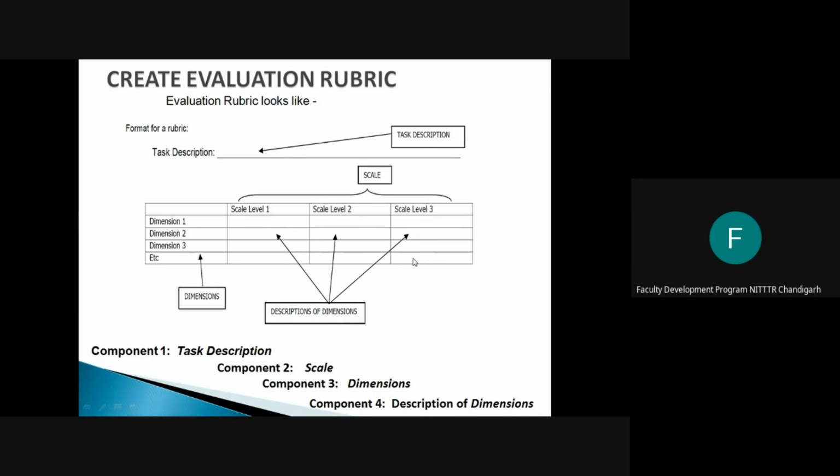That description I am writing here. The description has to be given in detail. You write in detail what you expect from the student. And so, my friends, in this way you create that rubric by writing the dimensions, by writing the scale, and by writing the description of the dimensions.